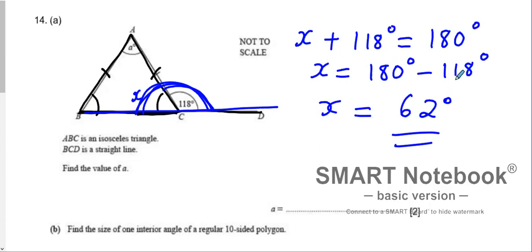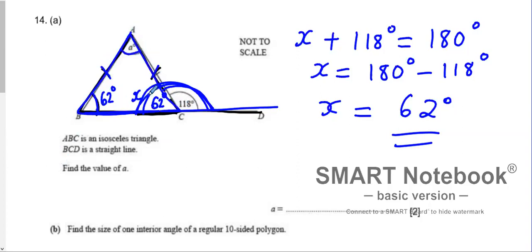Checking, this is 10, that is 7, 8. So the answer for this angle here will be 62 degrees. Now, if this angle is 62 degrees, automatically that angle will be 62 degrees because it is an isosceles triangle. Now keep going.